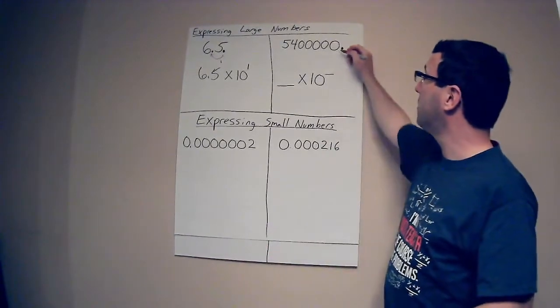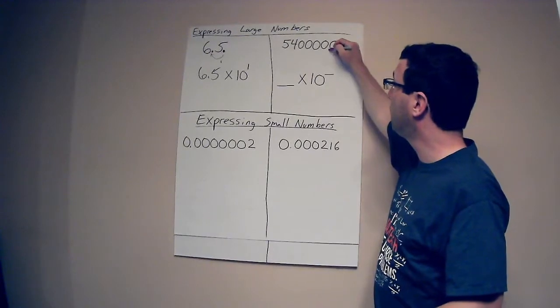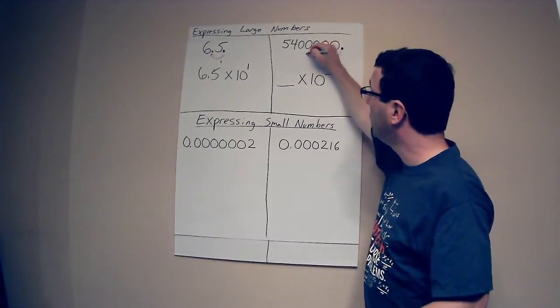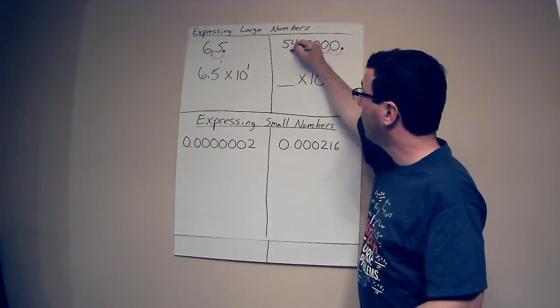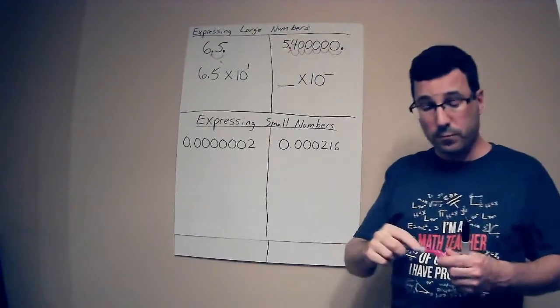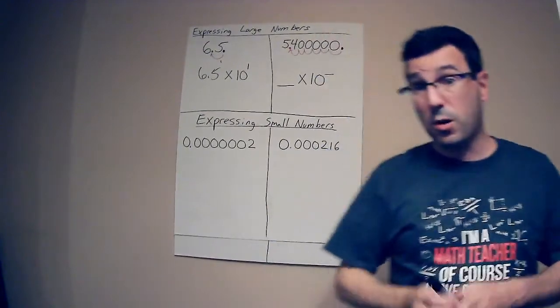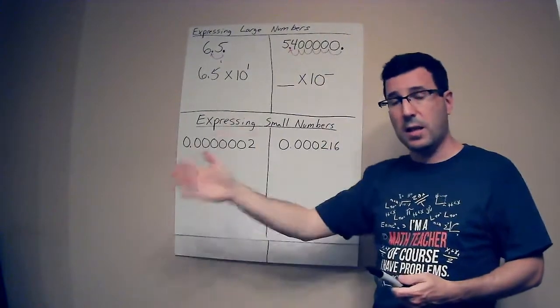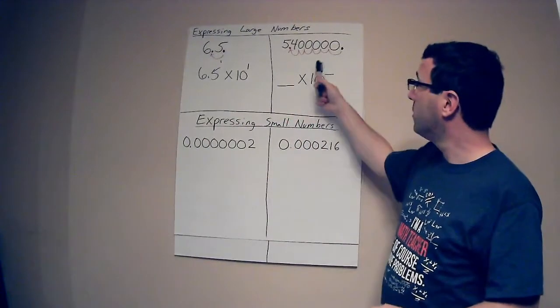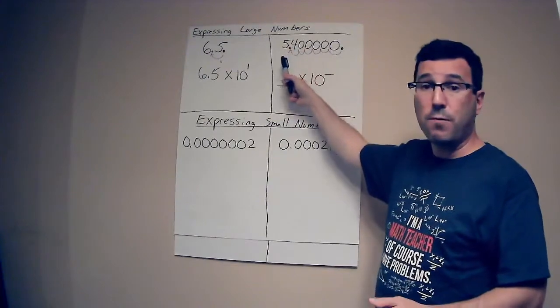So when I look at this, I'm going to just start moving it. 1, that's not yet. 2, right in between the 5 and the 4. You'll notice that we're going to have a number directly to the left. We're always going to have one more number to the left of the decimal. So now I look, I go, oh, I got 5.4.